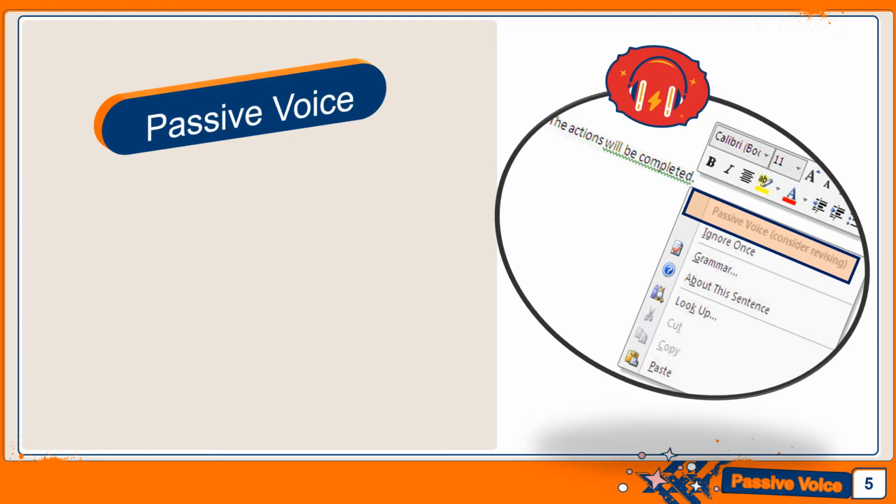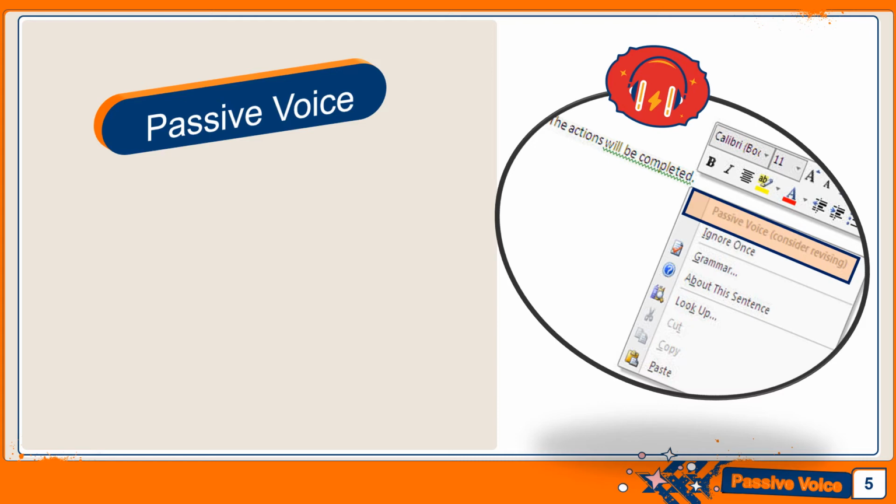Passive voice. Just remember, passive voice is opposite of active voice. So the structure in active voice of a sentence was subject plus verb plus object. All you have to do is reverse it. You just have to make it opposite. So subject will go and sit in the position of the object, and object will jump and come in the front.